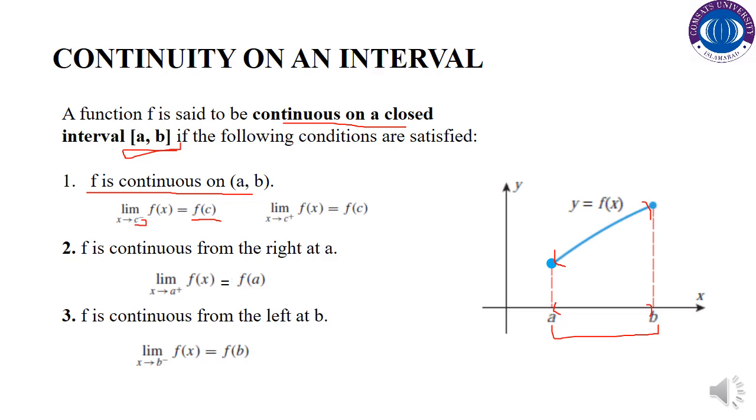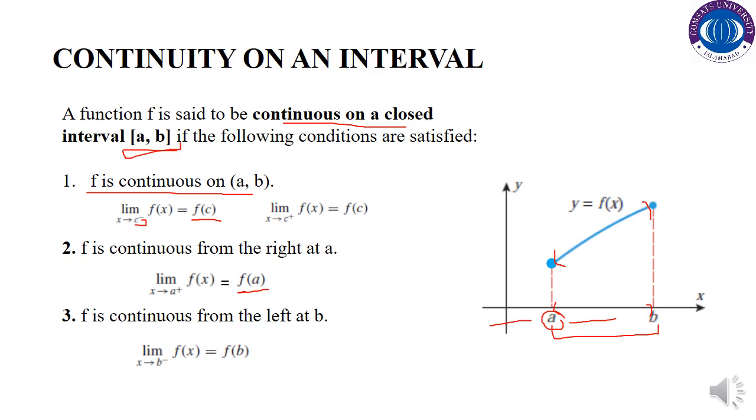Now in the second condition we have f is continuous from the right at a. If you look at the boundary point a, there is no graph on the left side of a, so there exists only one sided limit, and that will be the right hand limit at a. So the right hand limit at a must be equal to the value of the function at a. Now the third condition is f is continuous from the left at b.